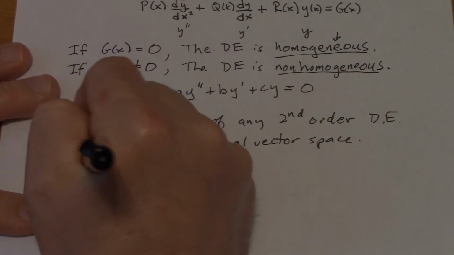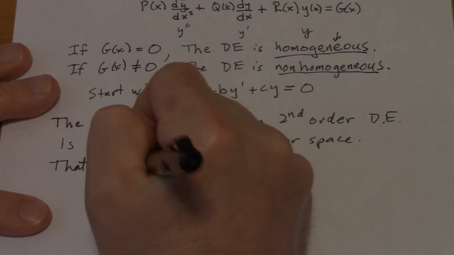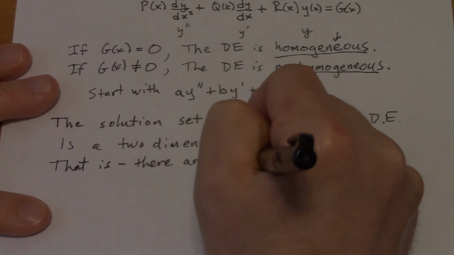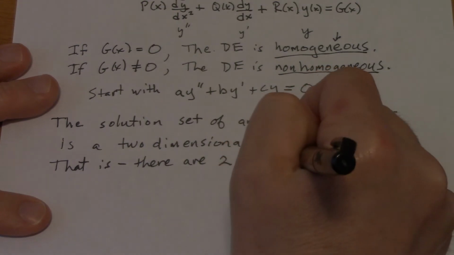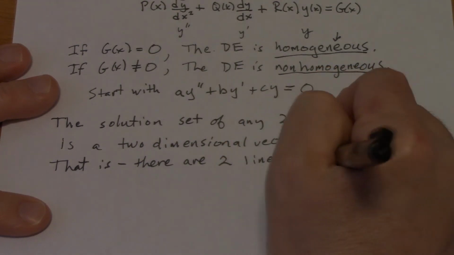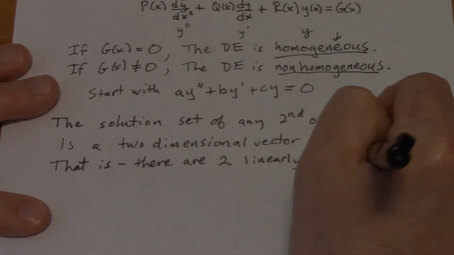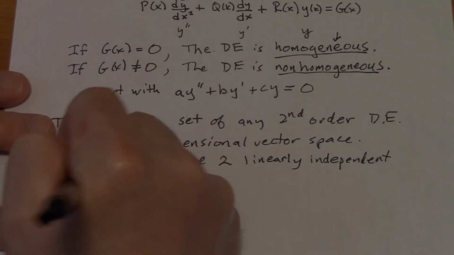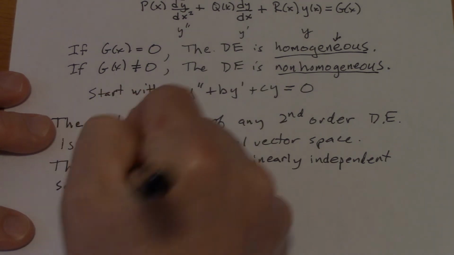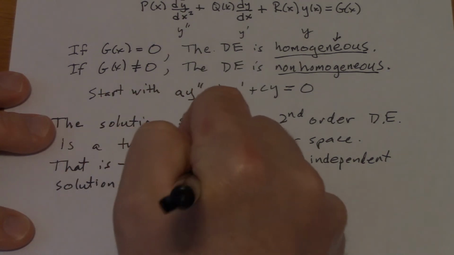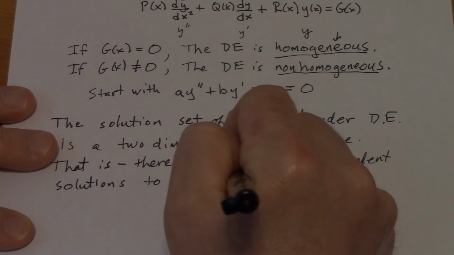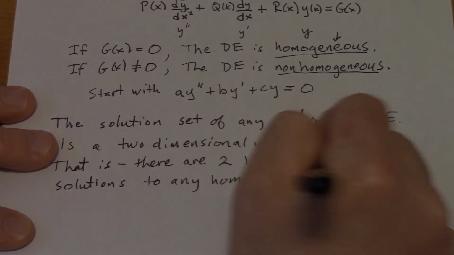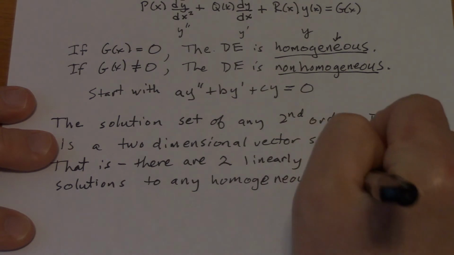So, that is, there are two linearly independent solutions to any homogeneous second order dE.